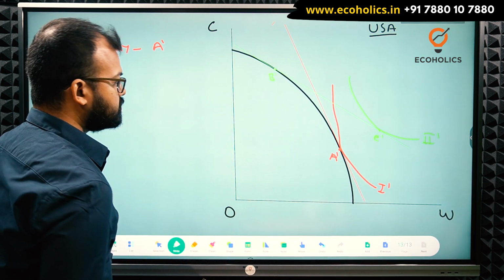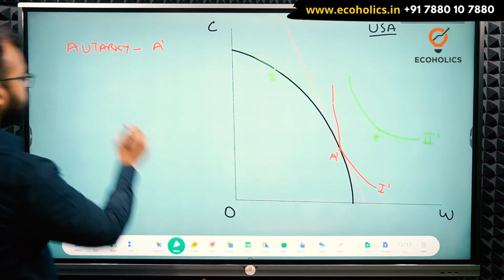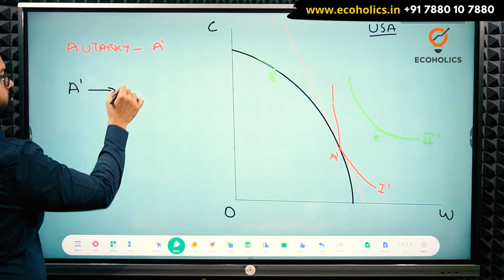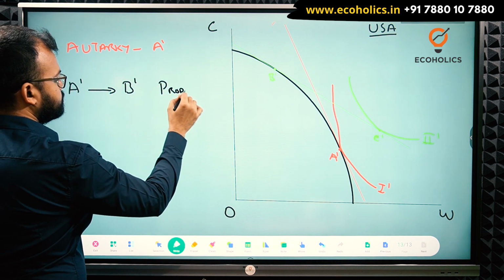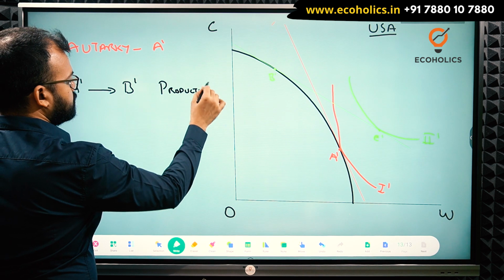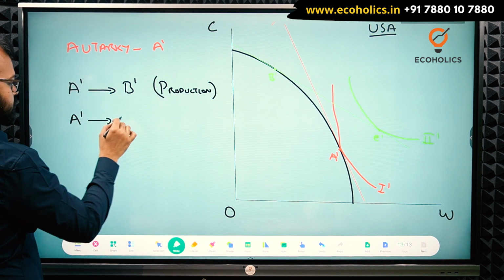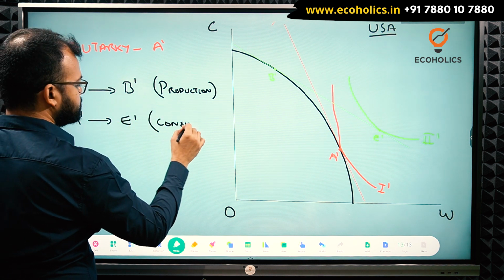You can see that the US will move from A dash to B dash in production, and from A dash to E dash in consumption.